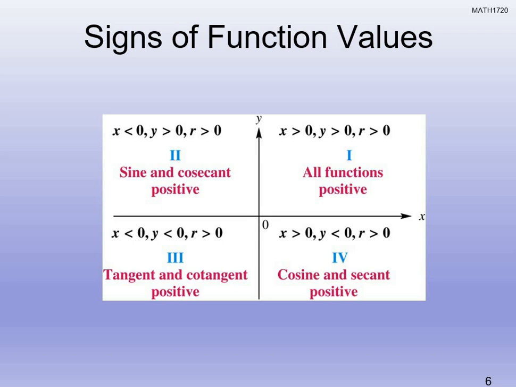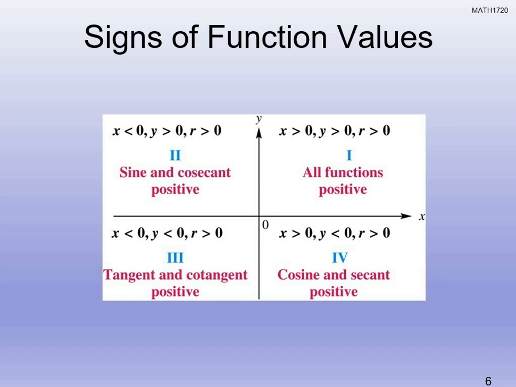In quadrant 2, sine and cosecant are positive. Quadrant 3, tangent and cotangent are positive, and in quadrant 4, cosine and secant are positive. Notice the quadrants go counterclockwise. Quadrant 1 is in the upper right hand corner, quadrant 2 is in the upper left hand corner, quadrant 3 is in the lower left hand corner, and quadrant 4 is in the lower right hand corner.